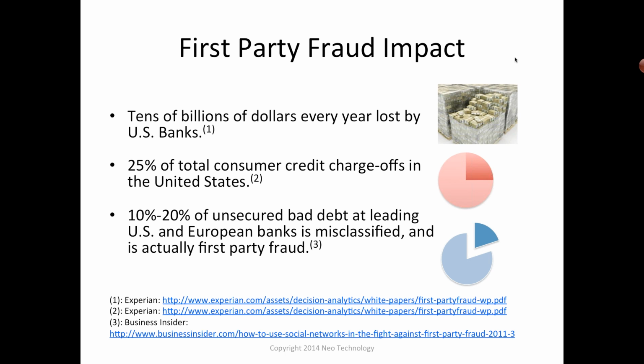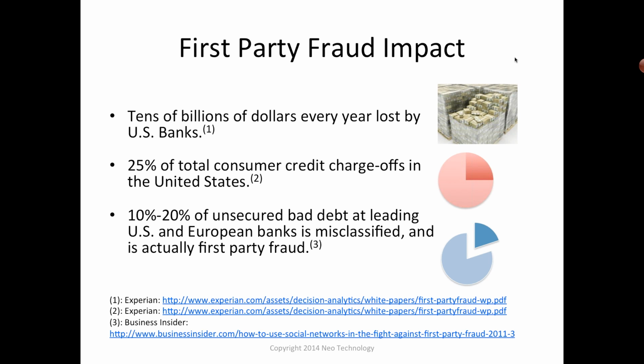There are some wild numbers in here, and these are numbers that have been validated by Experian and some other organizations, and even the SEC has worked on publishing some of these numbers. But the impact of first-party fraud is in the tens of billions of dollars in the US only.